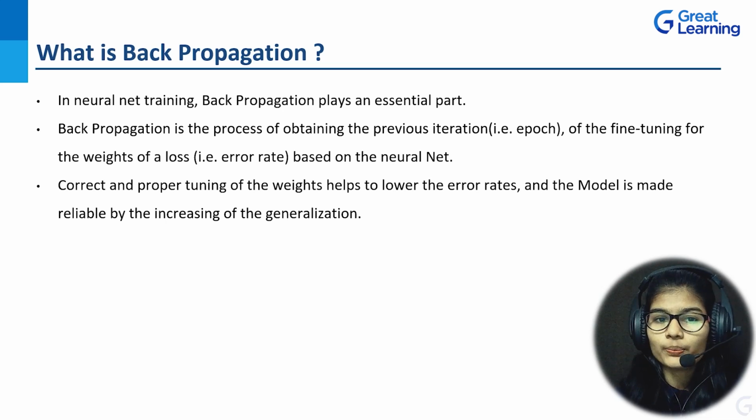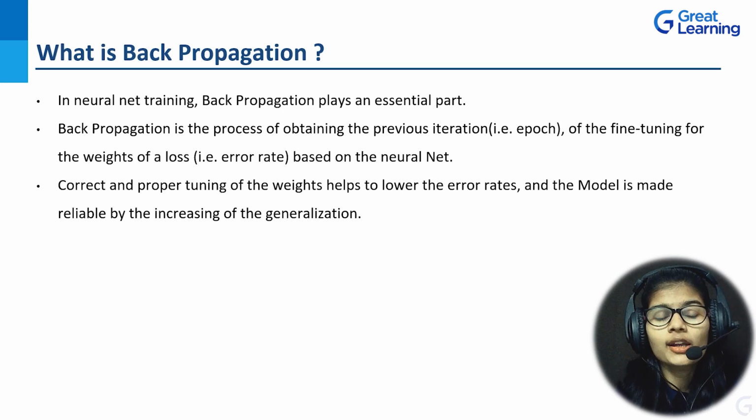If I say epoch or if I say previous iterations, both are the same thing. So it is the process in which you obtain a previous iteration for the fine tuning and fine balance of the error rate. Now, if I say weights of a loss or if I say error rate, again, both are completely the same thing.